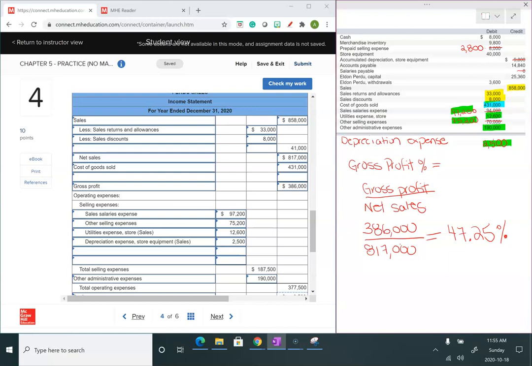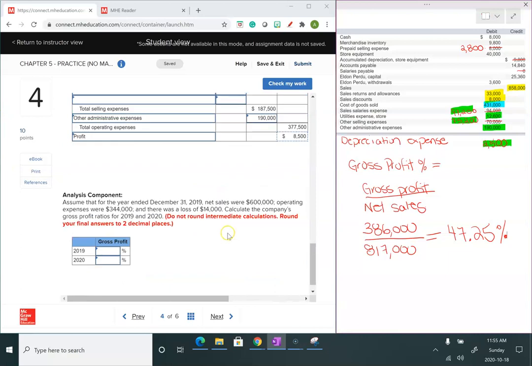So I'll put that number in, 47.25. Let's see, 47.25. Perfect.